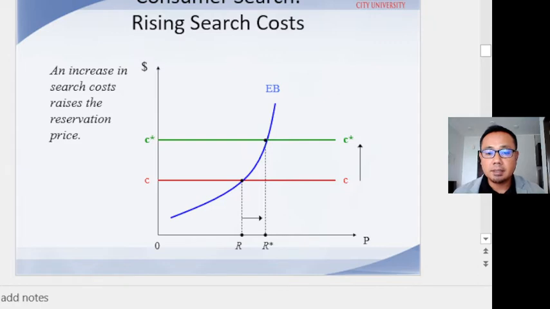R is the price at which the consumer is indifferent between purchasing at that price and searching for a lower price. Okay. So formally, EB, the expected benefit, is for searching for a lower price. Then P and C represent the cost of purchase.